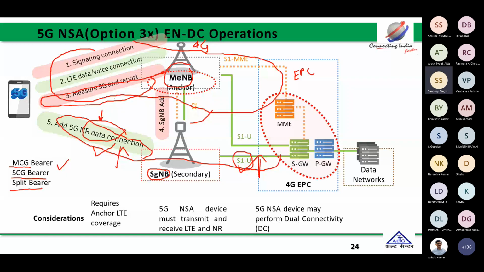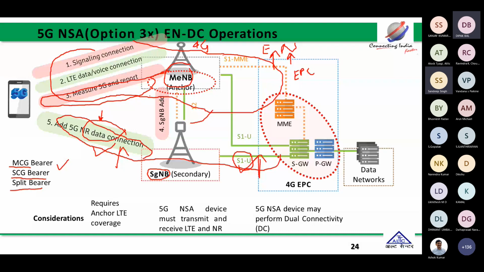And this type is actually 5G NSA option 3X. This is also known as the ENDC operation. What is ENDC? E stands for E-UTRA, meaning 4G radio, N stands for new radio, 5G radio, and DC stands for dual connectivity.